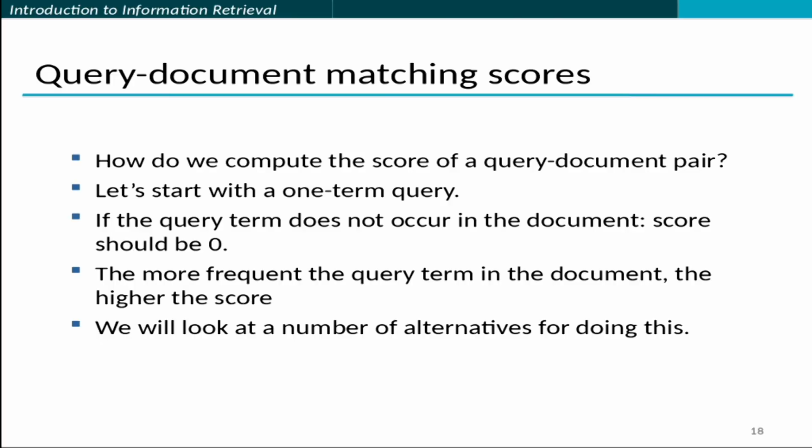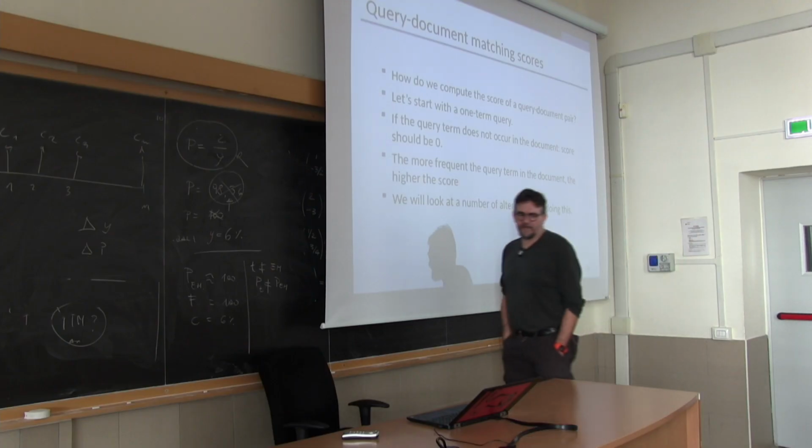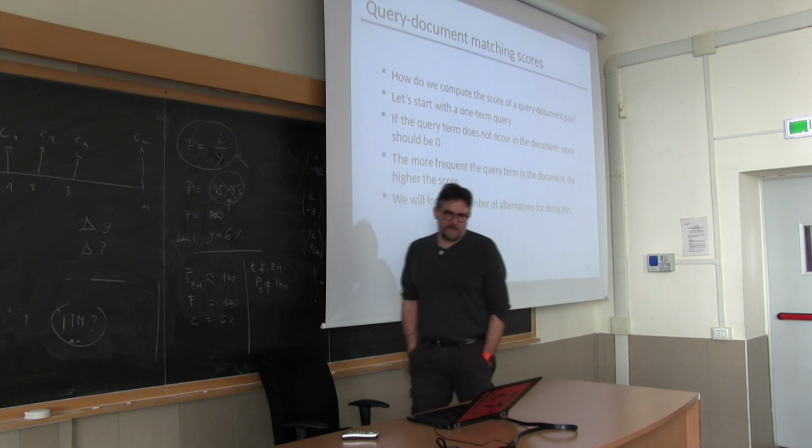Okay, how can we implement this score? Assume now, at the beginning, that we have one term per query. Clearly, if the term does not appear in the document, the score is 0. If the term appears in the document, the score is 1.